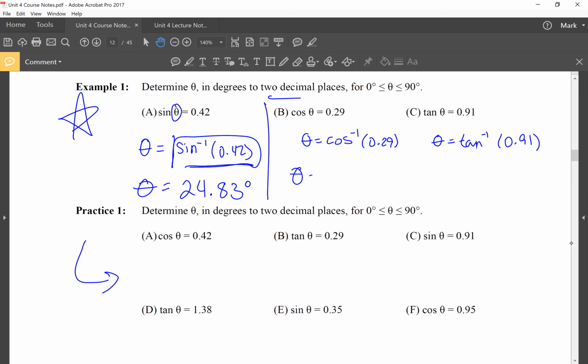Okay, so what about cosine? Well, shift cosine 0.29. I get 73.14 degrees. The symbol for degrees, by the way, is this little circle up here. You guys should know this because of temperature, degrees Celsius. Now, temperature is not the same as an angle, not even close. They're not even remotely related.